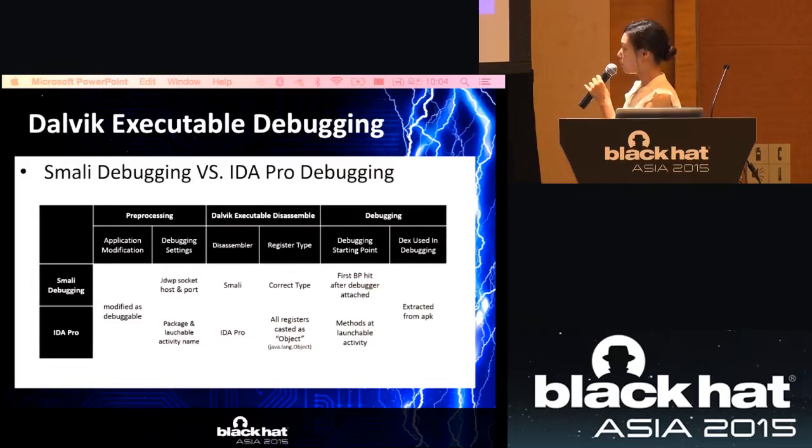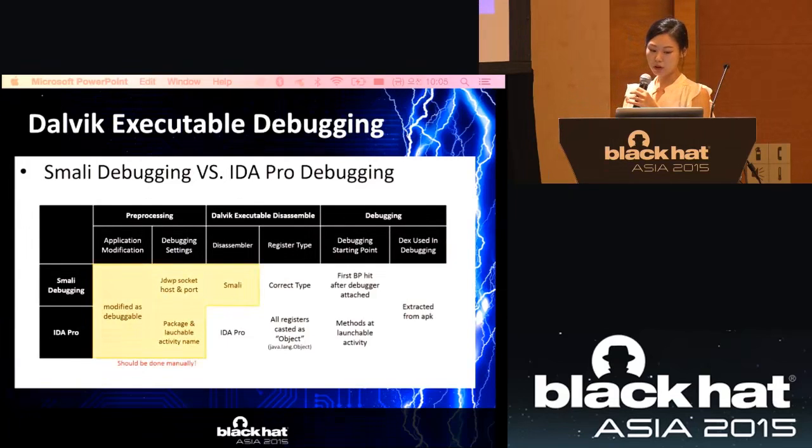In the case of IDA Pro, it requires package and launchable activity names. And for Dalvik executable disassembly, Smali debugging needs the APK file to be disassembled using APK tool to get Smali code. In the case of IDA Pro, it has its own disassembler, so it does not need a manual code converting process.